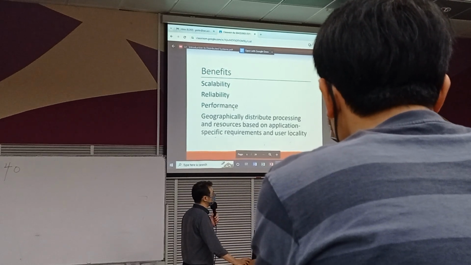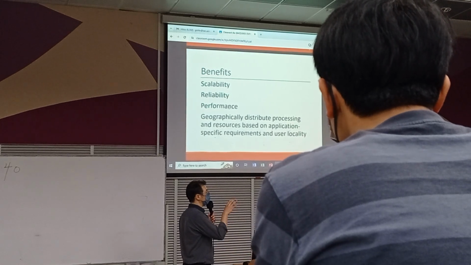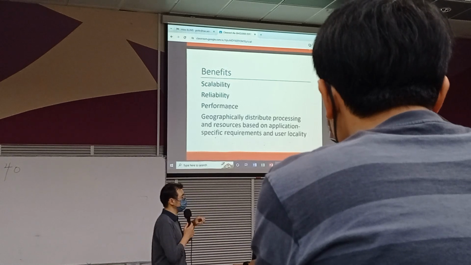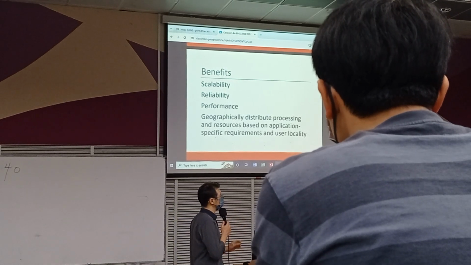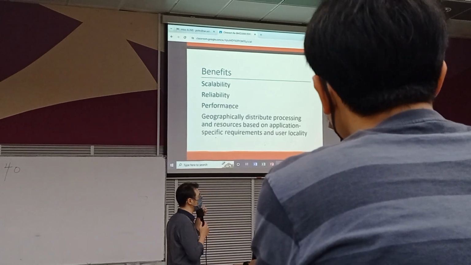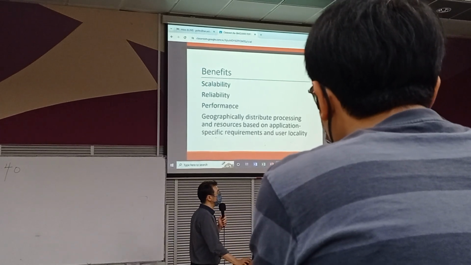You can also improve the performance, like what I mentioned, load balancing. That means you replicate as well, but this replication is on the service side. The customer wants to retrieve the data, they can retrieve from different servers, depending on where you are.